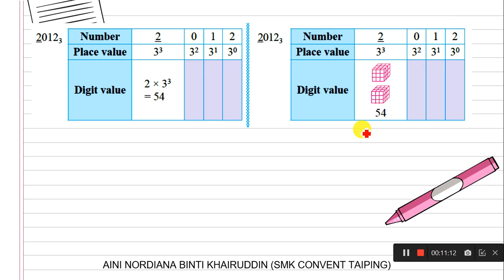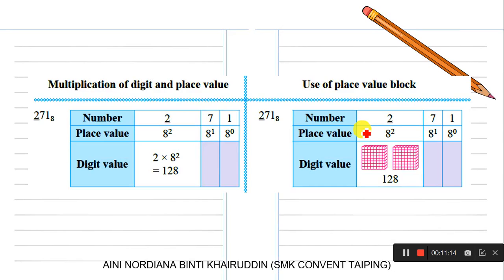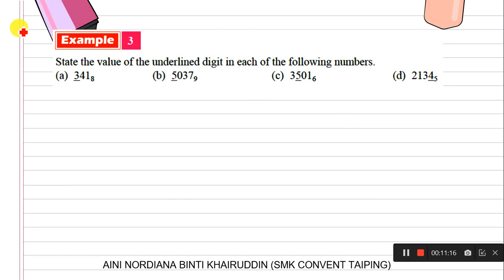So, have a look at this example. State the value of the underlined digit in each of the following numbers. So, we want to know the value of the underlined digit.